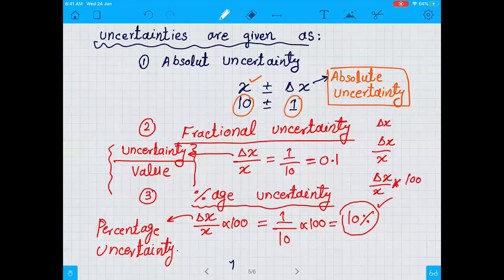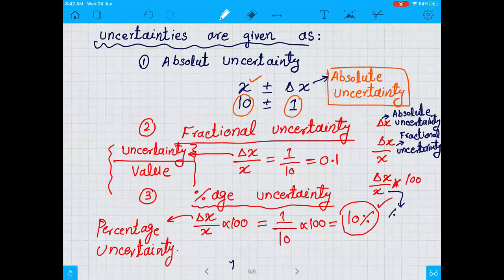So these are the three methods by which you can write an uncertainty.